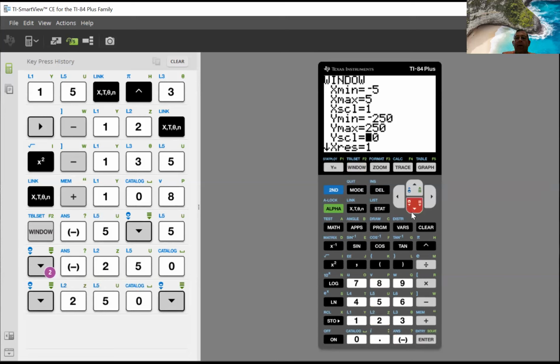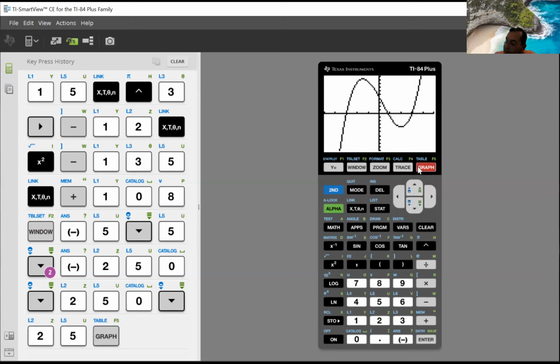And I'm going to go by that. 250 divided by 10 would make these each 25 in between. So we got our polynomial in, we got our window set. So y'all, let's graph that. So notice it does sort of go uphill left to right. Which is what we predicted, okay?